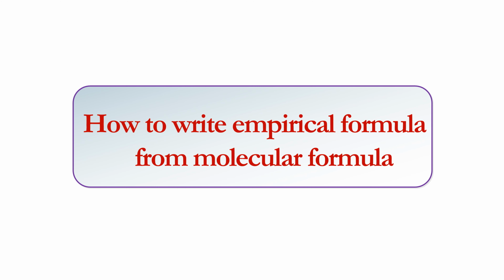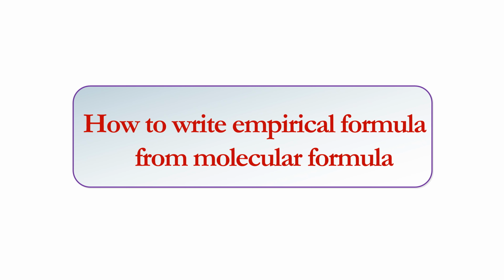So let's have a look at how to write empirical formula from molecular formula. Now that we know the meaning of molecular formula, it tells us the total number of atoms of each element in a compound. And we also know the meaning of empirical formula.